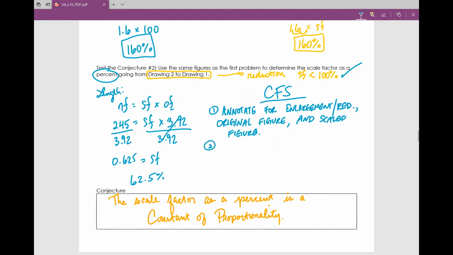Number 2, after we do that, so for example, we did it here, and we did it with our side lengths up top when we circled them. The second thing that we're going to do is write our scale factor equation and substitute.